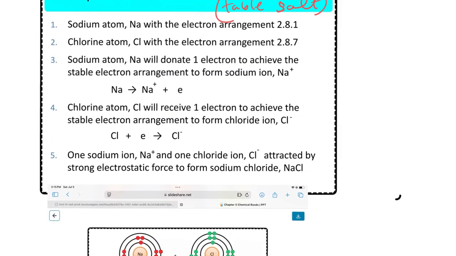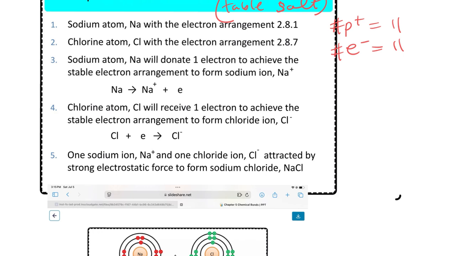So I look up sodium on the periodic table, and sodium has an atomic number of 11. So the proton number equals 11. So before it reacts, the number of electrons also equals 11, because the number of protons is equal to the number of electrons for the neutral atom that hasn't reacted yet. So what period is sodium in?